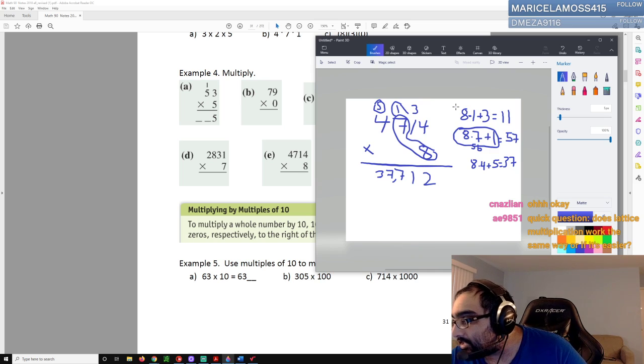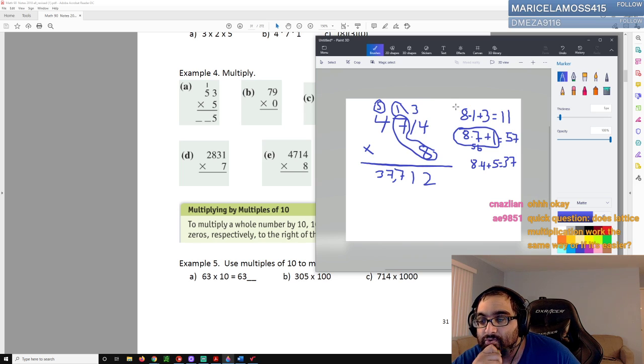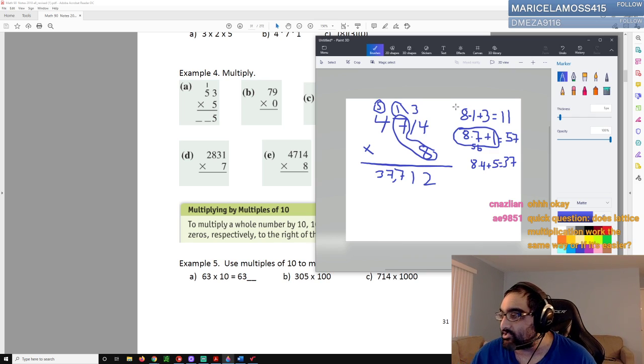Does lattice multiplication work the same way? If it's easier, to a degree, yeah. If you feel that lattice is easier, that's fine. I do have one issue with lattice multiplication, because I know that's sometimes taught in schools. The issue is that it can be really messy. It can be messier than this process that you see up here, because you have a lot of squares all bunched into one.